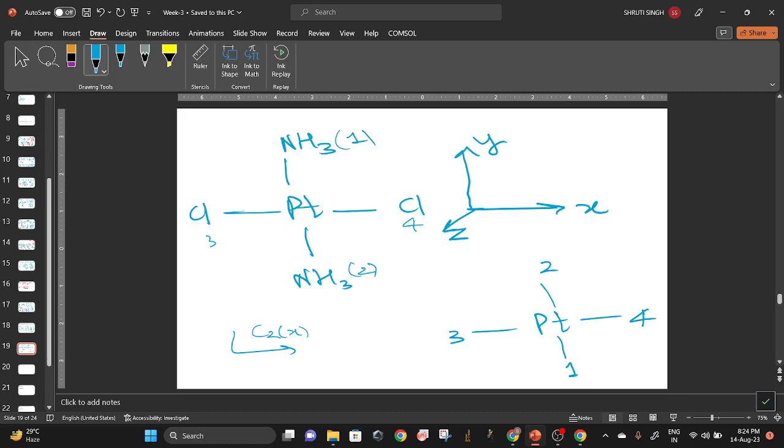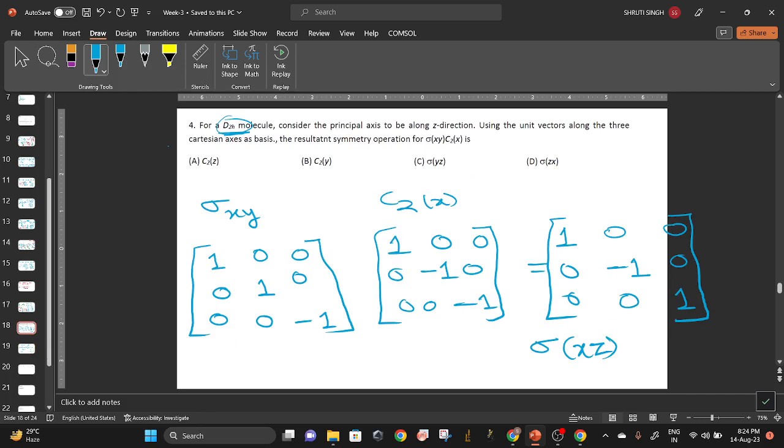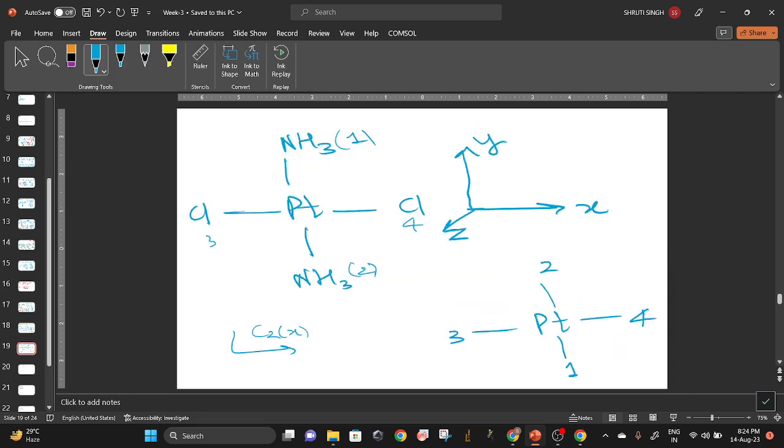That confusion is coming because here we are taking the Cartesian axes as basis. Here atoms are not the basis. If atoms were the basis, after rotation we would write minus 1. Suppose this is some atom with a positive lobe and a negative lobe, and here also the same atom with a positive lobe and a negative lobe.